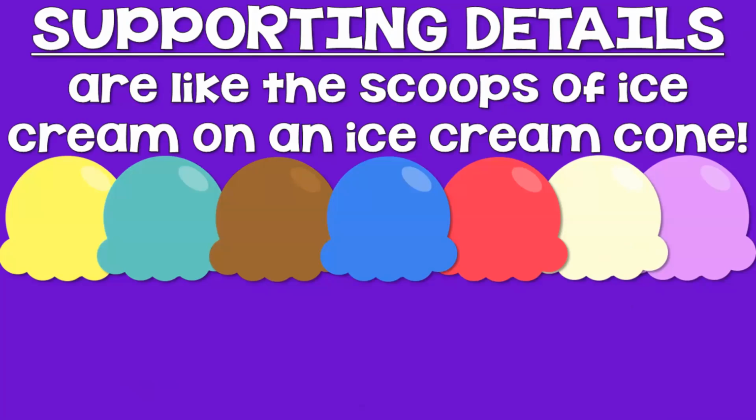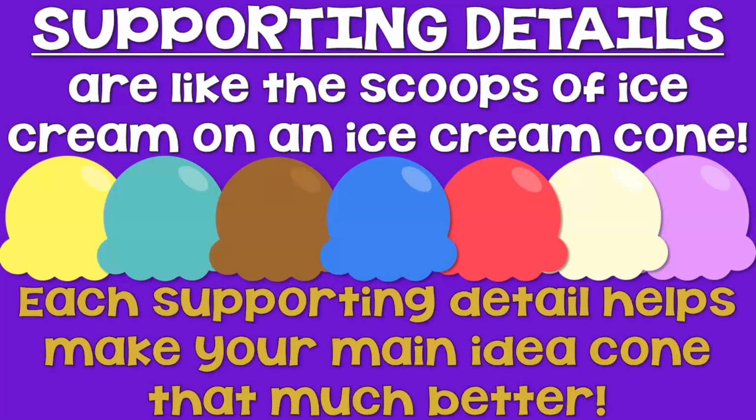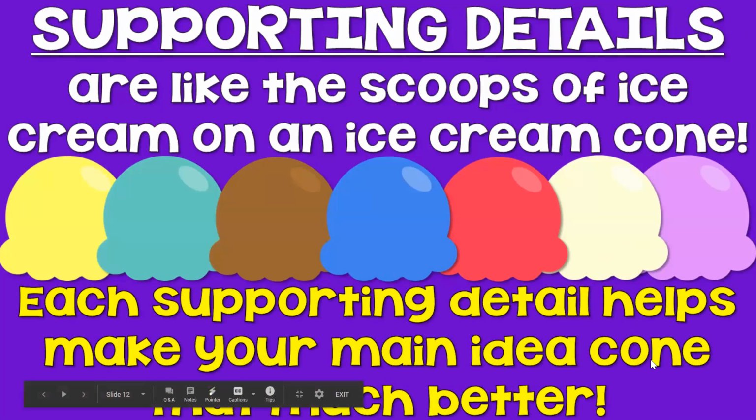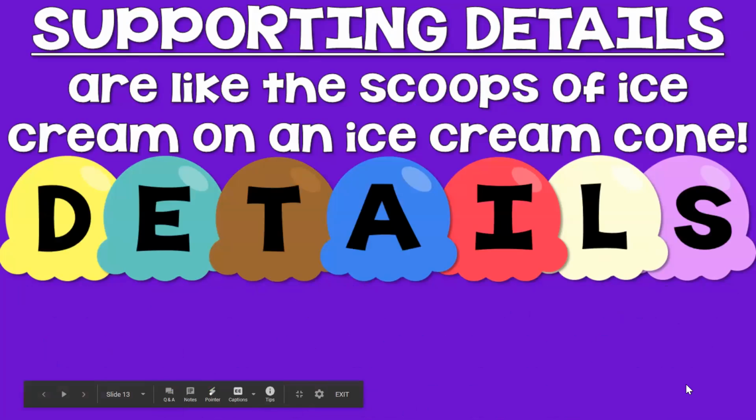We're just going to build on top of the main idea, or on top of the cone. Each supporting detail helps make your main idea cone that much better. These are the details. So we're going to have our cone, and then you'll have your scoops of ice cream on top.